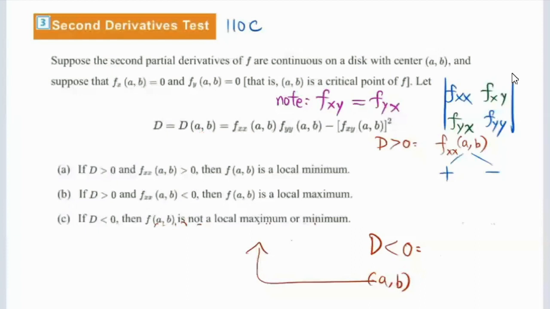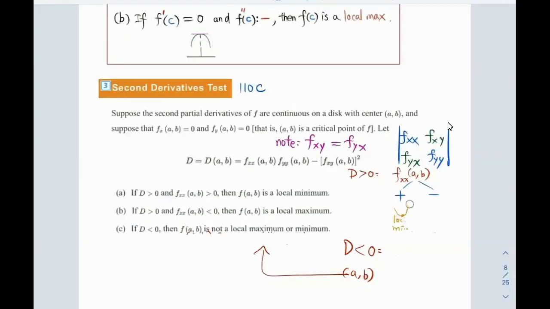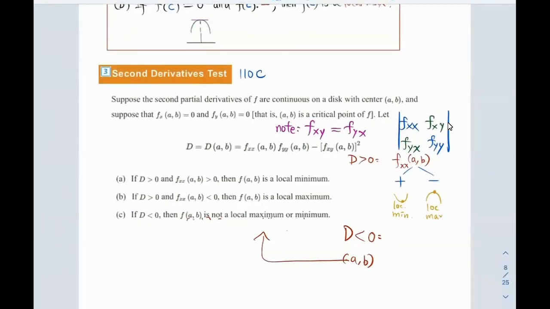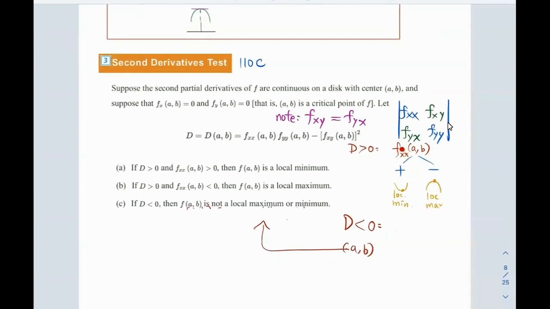If D is greater than 0, we have two cases: if f_xx at (a, b) is positive, that is case A, or when it's negative, that is case B. Let's try to relate this to the second derivative test from Calculus 1. This one played a role like the second derivative. If the second-order partial derivative with respect to x and x again is positive, think of concave up, then the function value will be a local minimum.